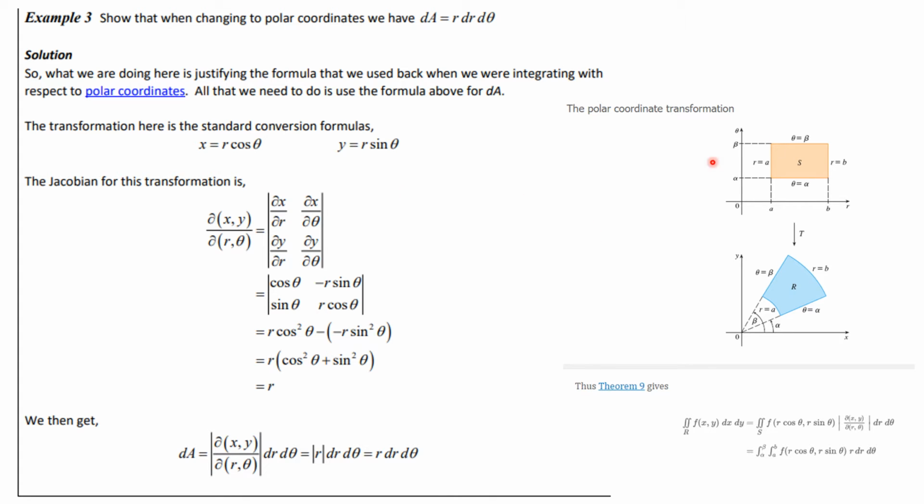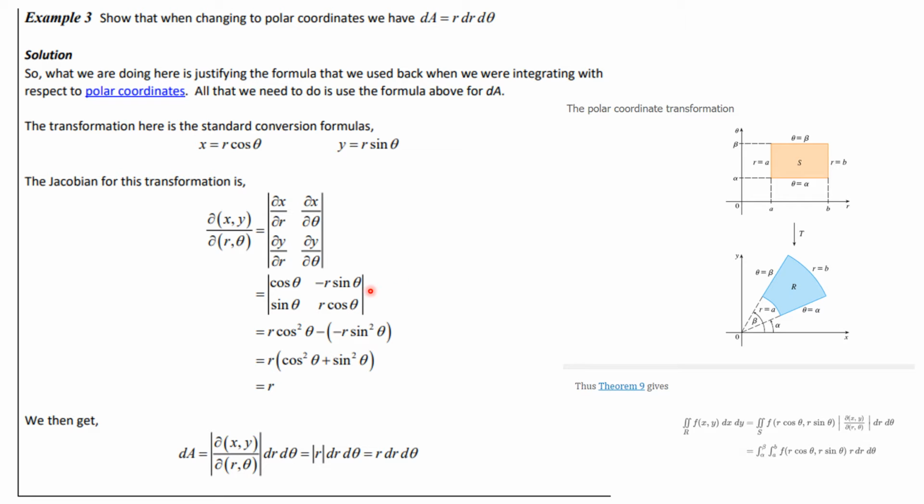So here's the transformation. We transform region R into region S. This is r dr dθ, and it is what we want to come up with. So the transformation is x equals r cosine θ, y equals r sine θ. The Jacobian is this, and when I take the partials, I get these values.